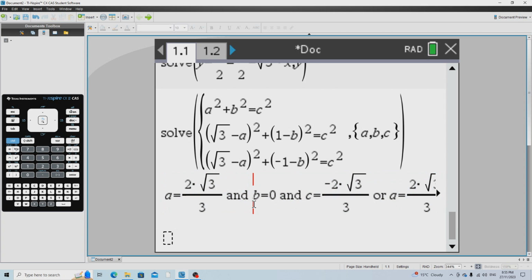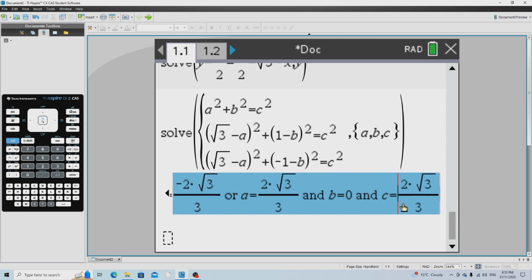Now, of course, b is 0, because we don't have a y center. So it could be this one, or it could be this one. Of course, it's not going to be this one, because that says the radius is negative. C is our radius, so it can only be this one over here.